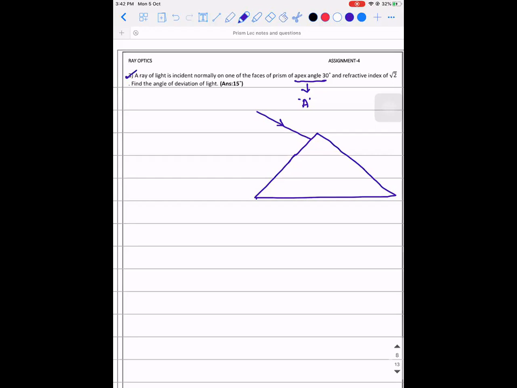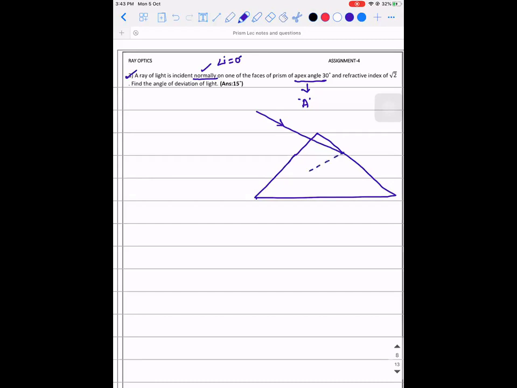No, it's not 45. When they say the ray of light is incident normally, what is the angle of incidence? 0 degrees. When the angle of incidence is 0, the angle of refraction will be 0, which means the ray will go undeviated. It will go and hit the surface.